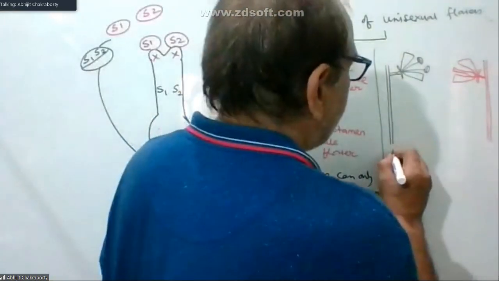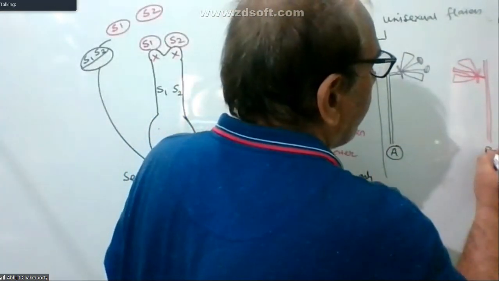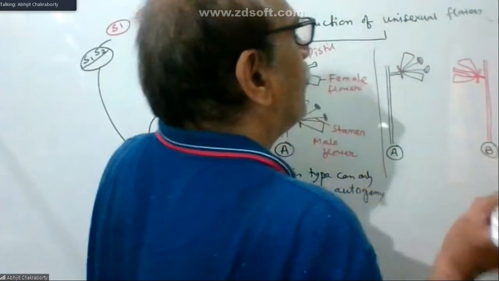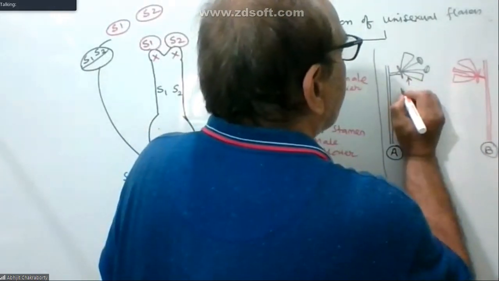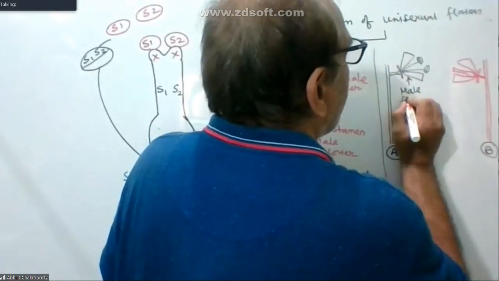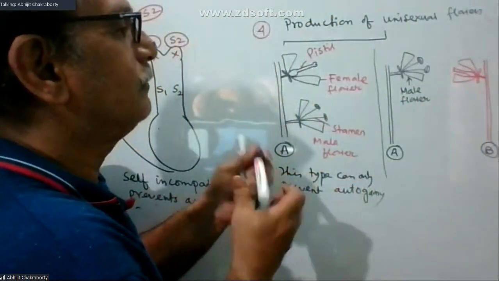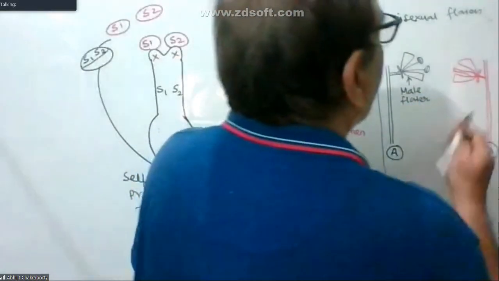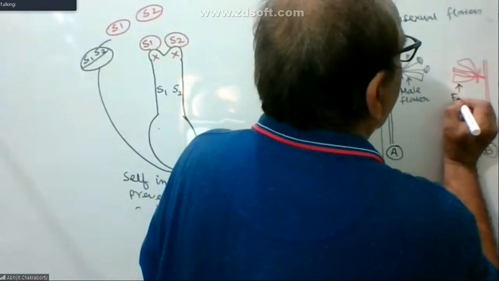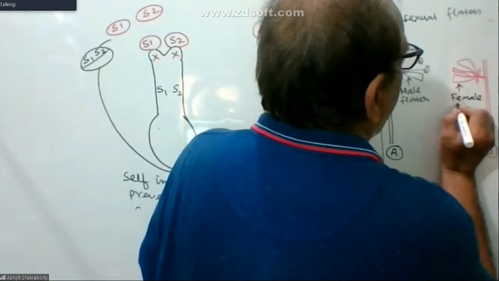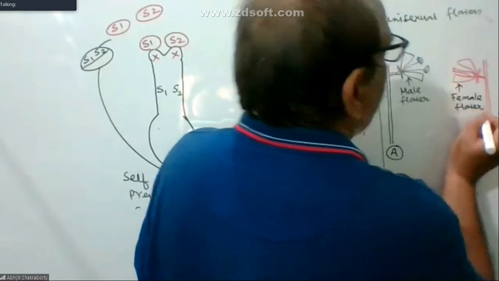This is plant A, two different plants. This is the male flower, female flower.